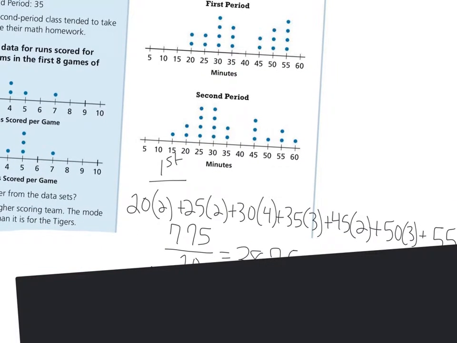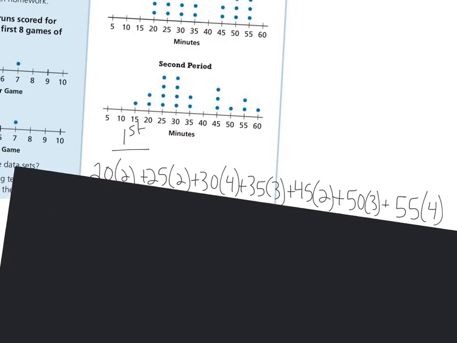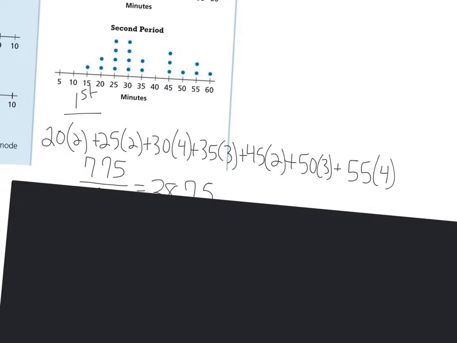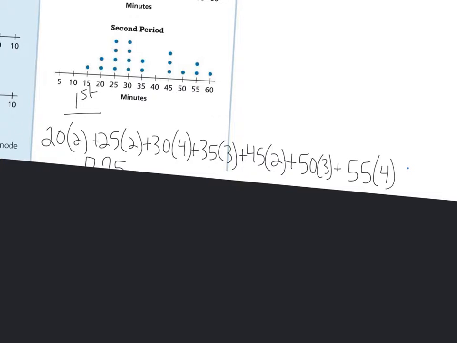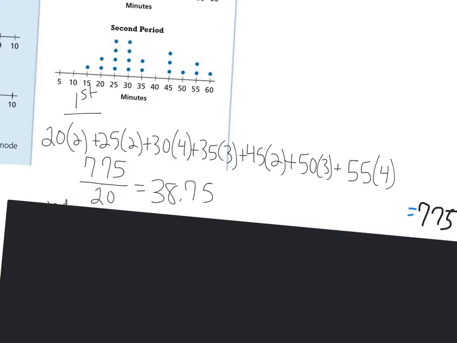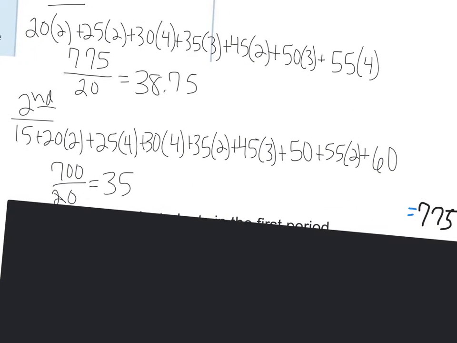So for the first one, some of these are repeated values, so you could multiply them. Again, technically we should have just a statement here about adding our numbers together. So that would equal 775. And then as a second step, we can divide that by 20 is 38.75.